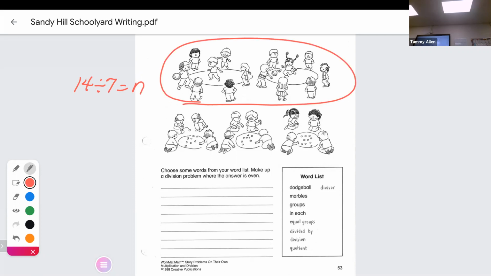What does 14 represent? Lane. The number of kids at the dodgeball. Number of kids at dodgeball. Everybody should be writing, not sitting and staring.